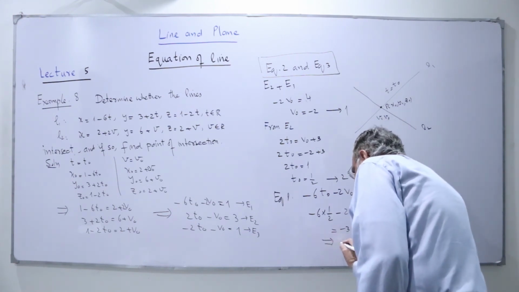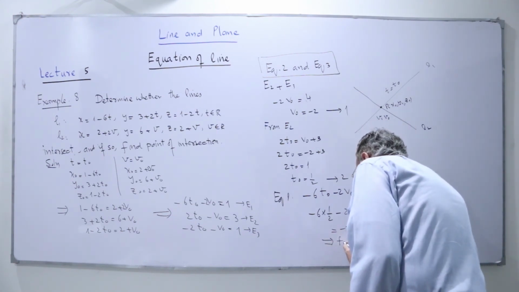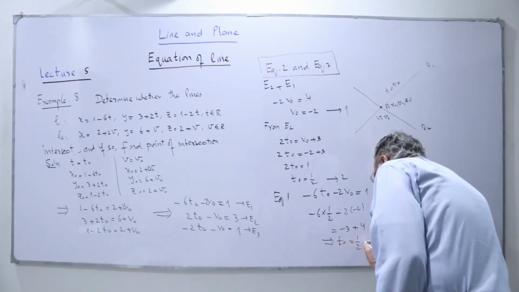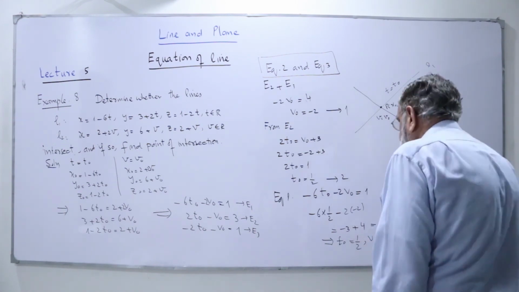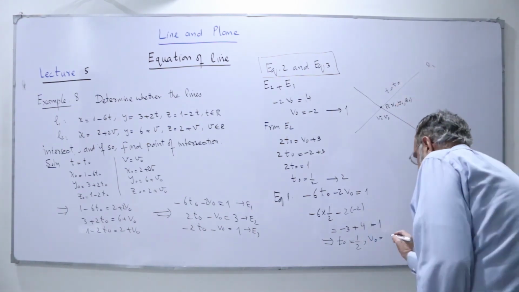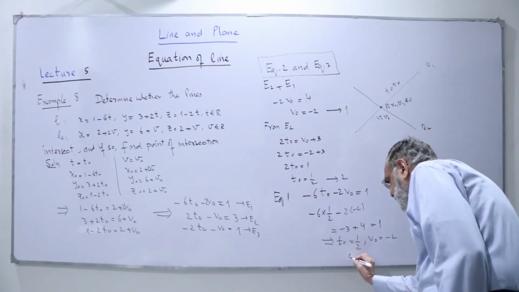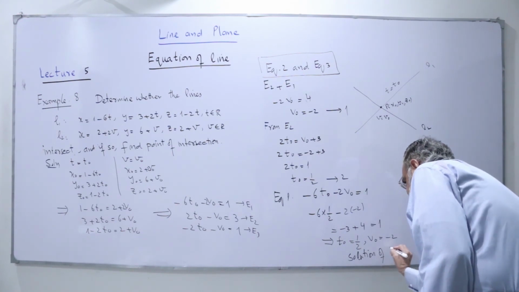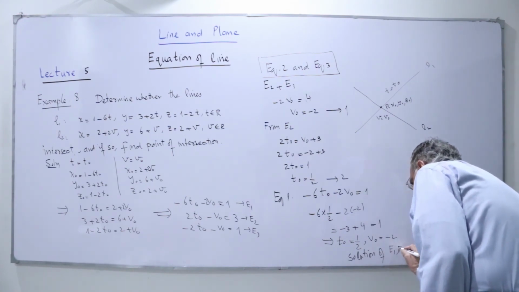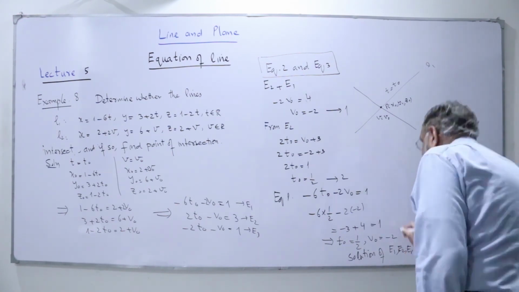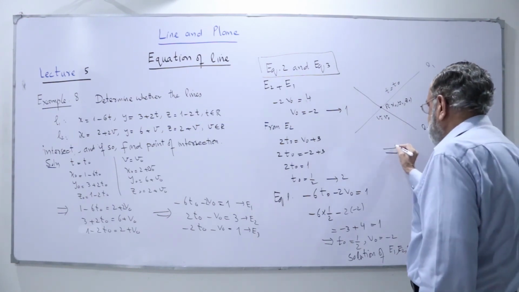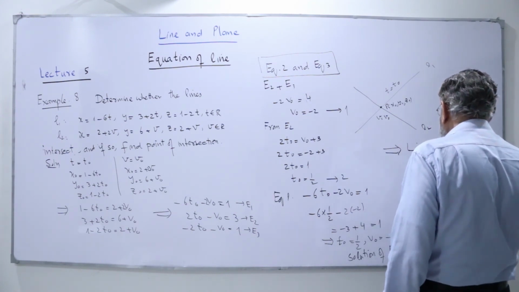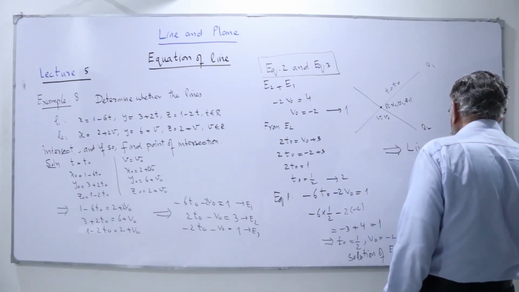This implies that t0 is equal to 1 by 2 and v0 is equal to minus 2 is a solution of E1, E2, and E3. When there is a solution of E1, E2, E3, this implies the lines intersect. So this was part 1.